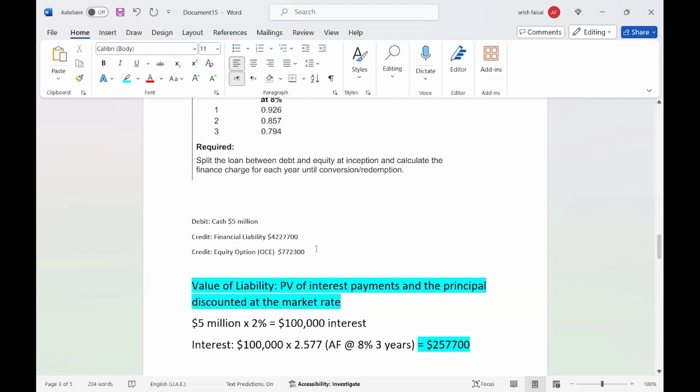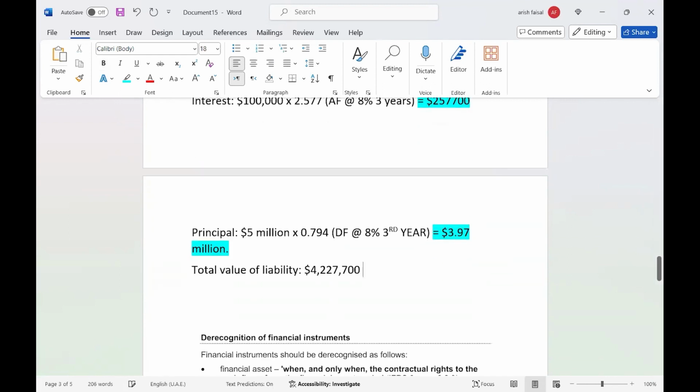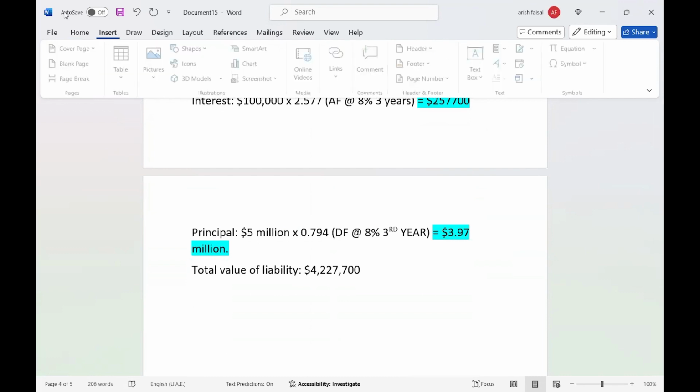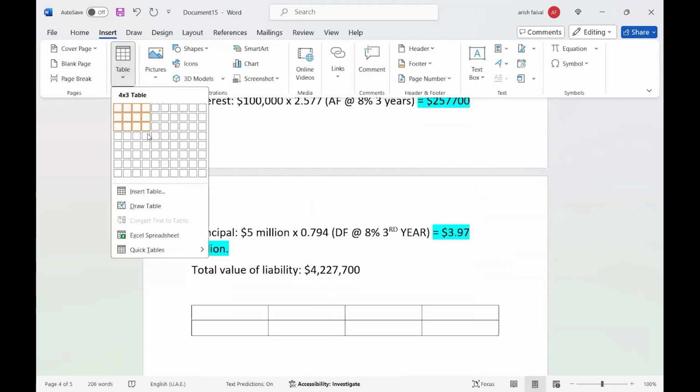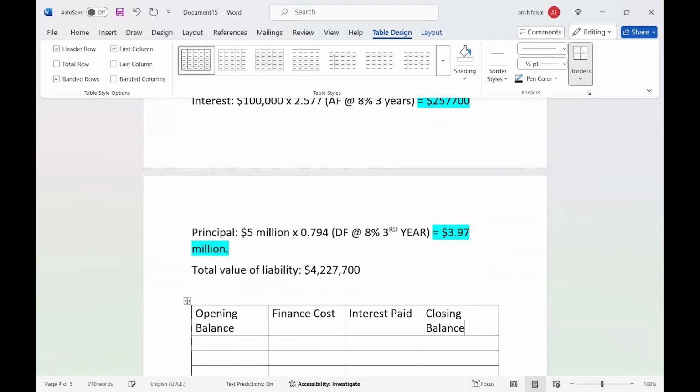Okay, so now once you have your financial liability, for this you can use the same amortized cost method which I have already explained, and you can record it. Okay, so let's suppose for the first year, we can make up the same table, right? So let's do it for 3 years to help you understand. So the opening balance, then you have the finance cost on that, then you have the interest paid, and then lastly you have the closing balance, right?